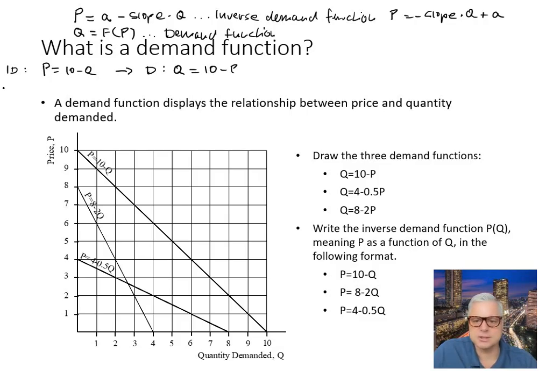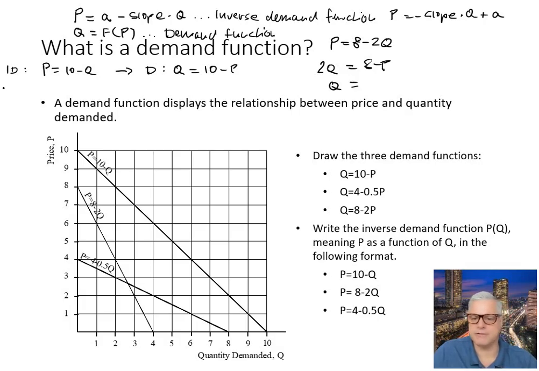Let's take the next example. The next inverse demand function is P equals 8 minus 2Q. So it has a steeper slope. If we rearrange it, first step, let's add on both sides 2Q and subtract P. We get 2Q equals 8 minus P, that's the first step. And then we divide both sides by 2.